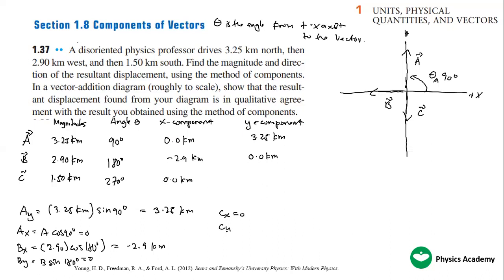Your Cy is 1.50 kilometers times sine of 270 degrees, so you have negative 1.5 kilometers.